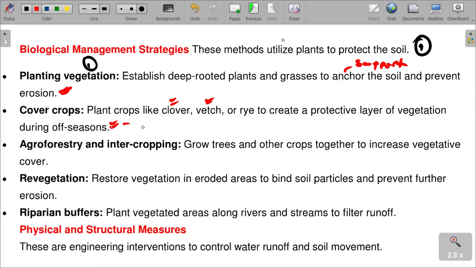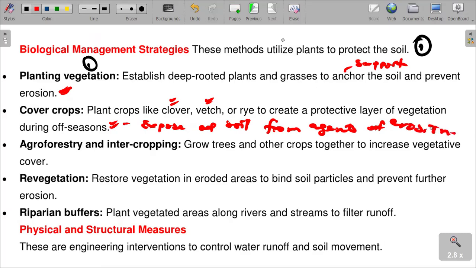That also reduces the exposure of soil to agents of erosion, which are wind, water, and every other soil-moving method.